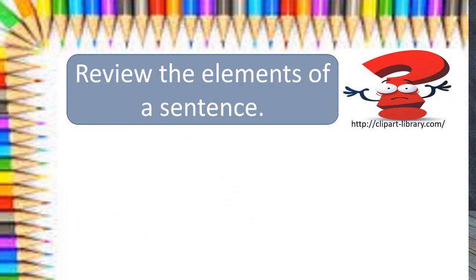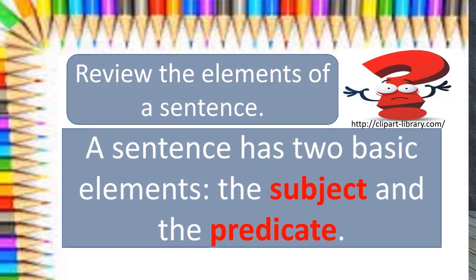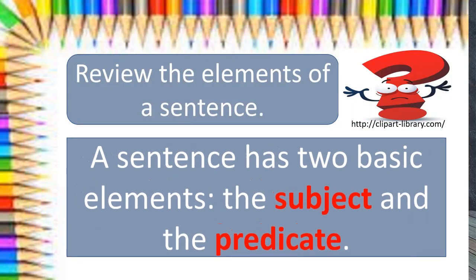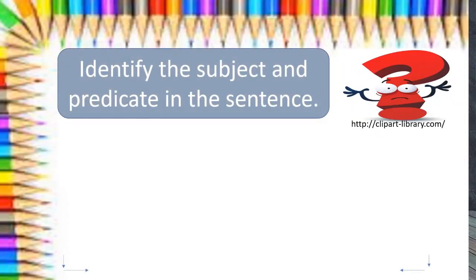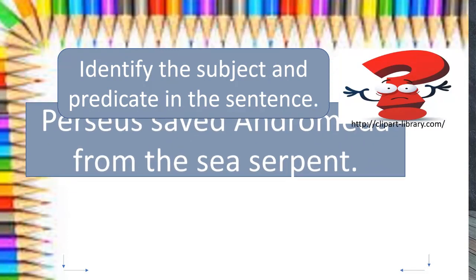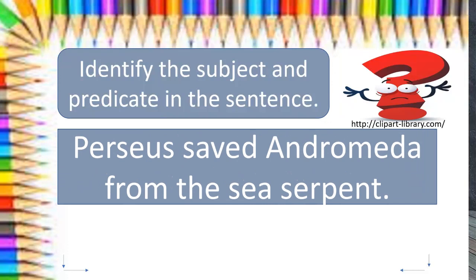Let us review first the elements of a sentence. A sentence has 2 basic elements, the subject and the predicate. Let us identify the subject and the predicate in the sentence. Perseus saved Andromeda from the sea serpent. What is the subject?